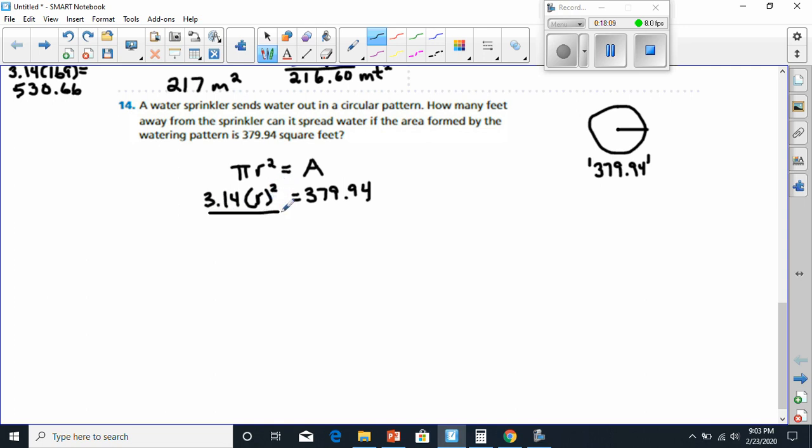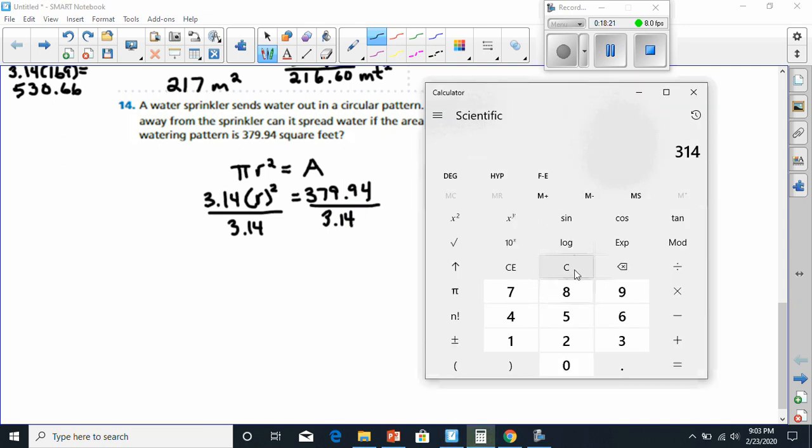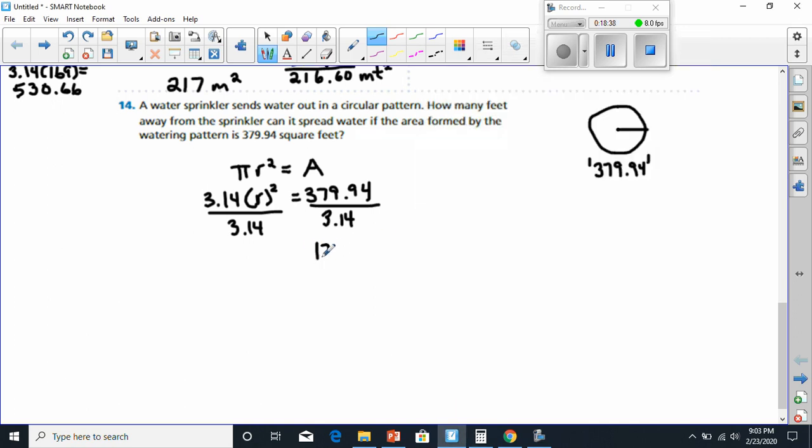Well, first thing we're going to do is divide by 3.14. And if I do that, let's see what I get here. 379.94 divided by 3.14 is going to equal 121. And that's going to be what r squared is.